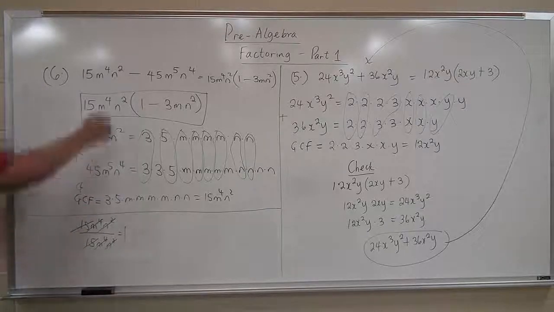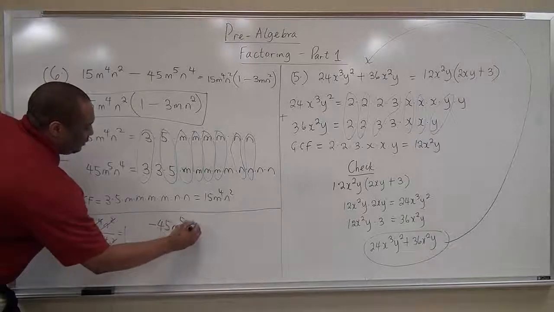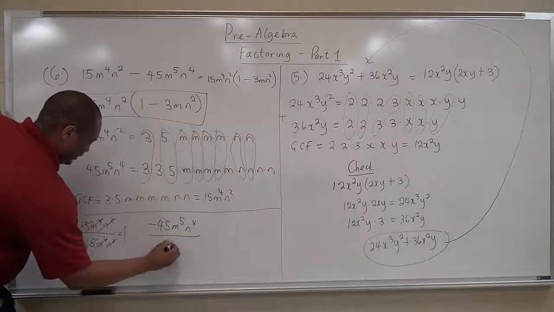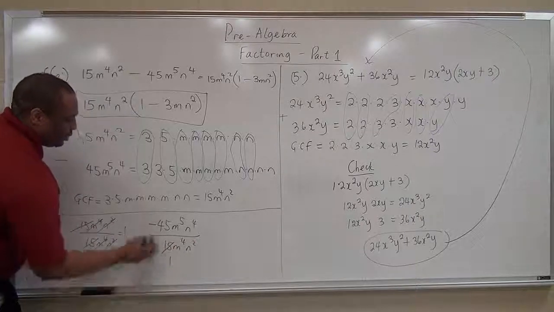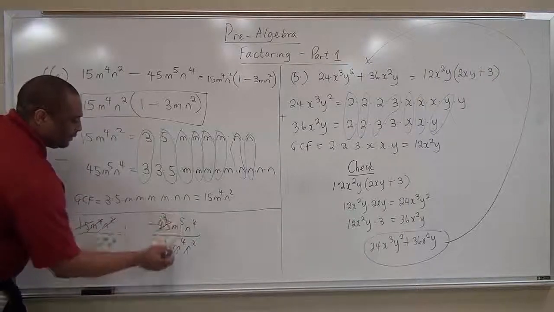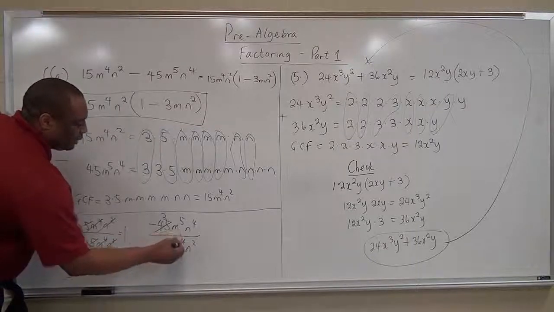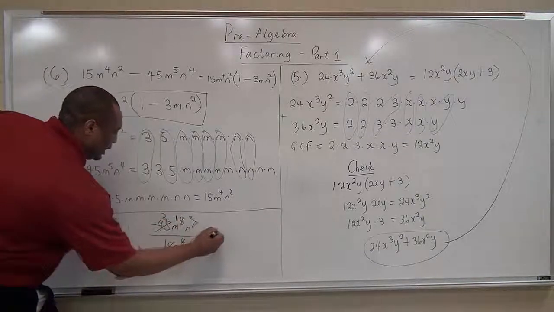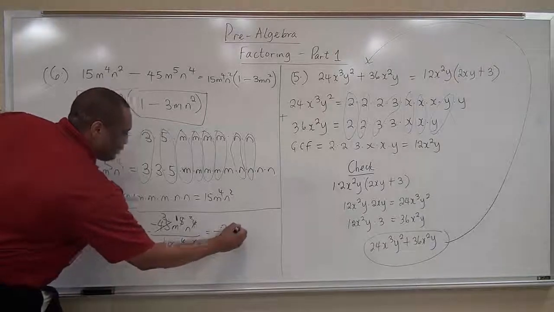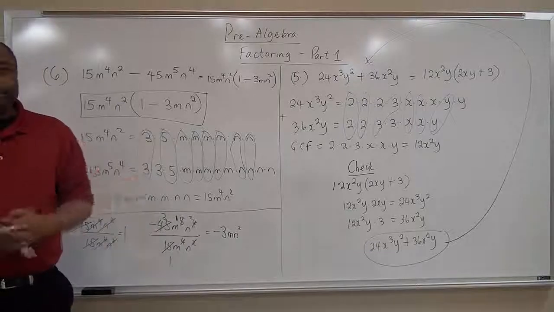Then negative 45m⁵n⁴ over 15m⁴n²: 45 divided by 15 is 3. 5 minus 4 gives you 1, so m remains. 4 minus 2 gives you 2. So this will be negative 3mn². And you just join it: 1 minus 3mn². That is it.